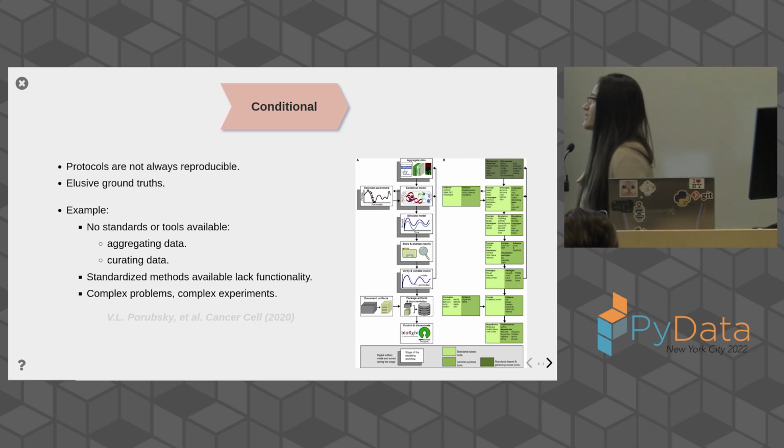Now there is another, I would say more problematic, limitation here, and it is that biological data is conditional. With this I mean that even though we are taking this information from science, and science is supposed to be reproducible, sometimes it's not. And it's not because of the protocols, even if they are documented and I am supposed to follow the steps.